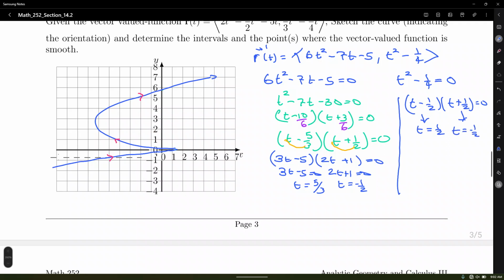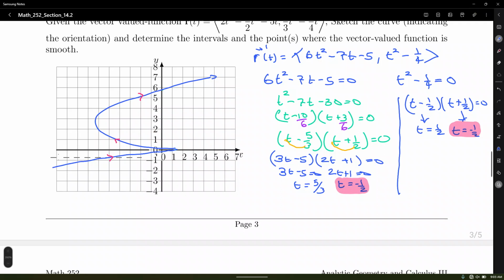All right? What are we going to do again? We're going to take only the value of t that is common to both. That is negative 1/2. This is the one. Okay. Now we have a result.